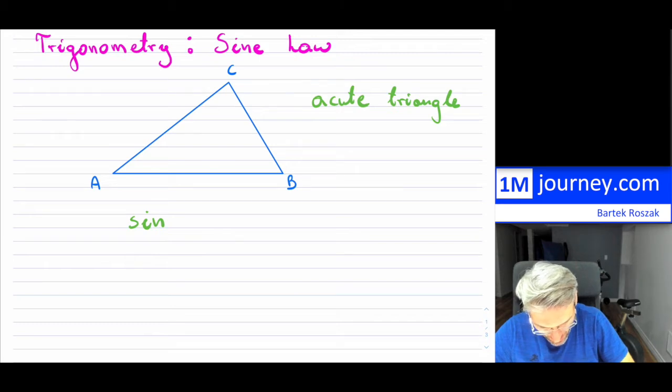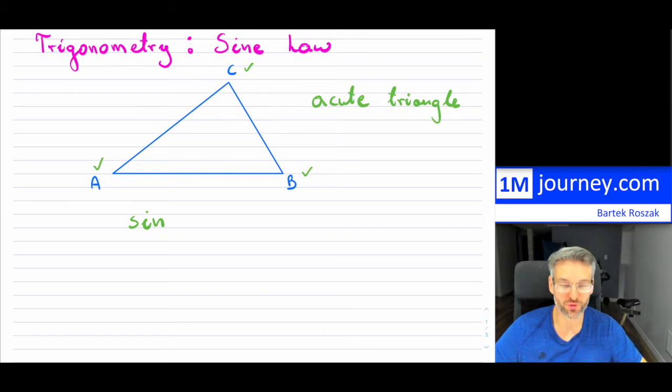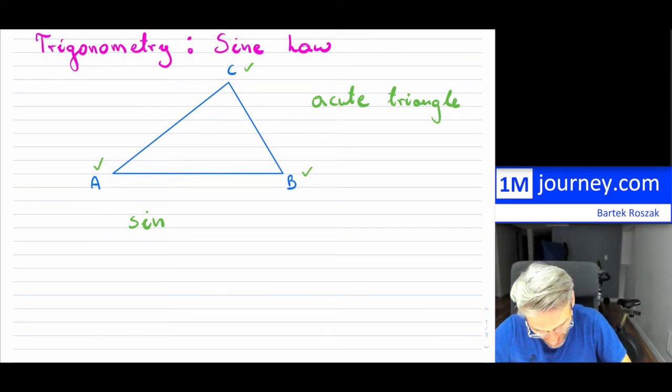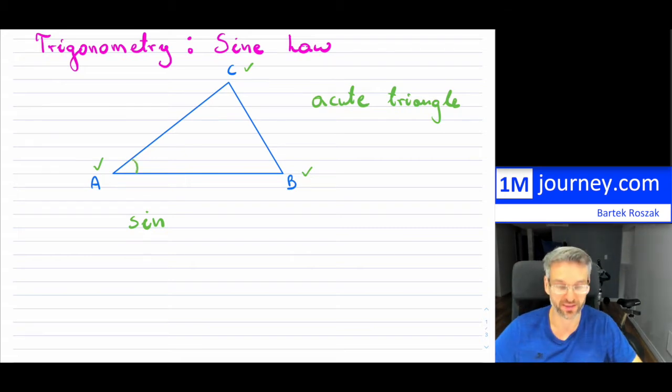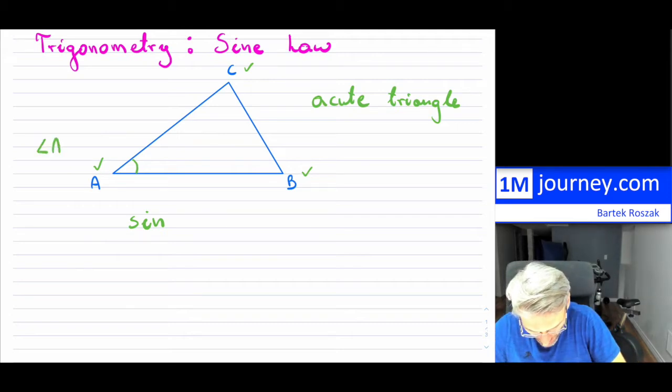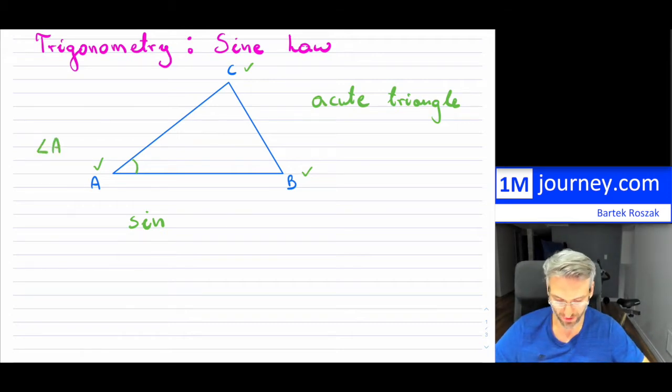So I'm going to say we have this triangle A, B, and C. I'm going to designate the angles. For example, this angle right here, I'll simply call it A. I know that it's the vertex, so technically I should write it differently, but I'm just going to write A for that angle.